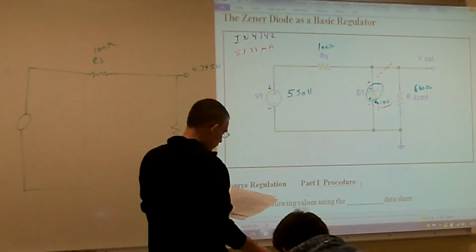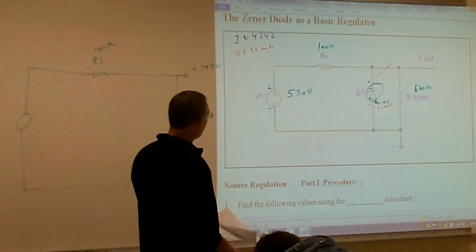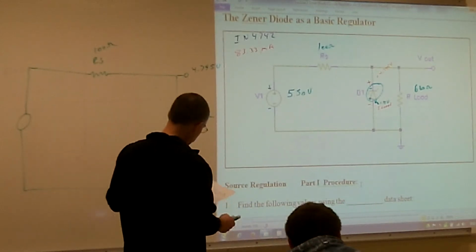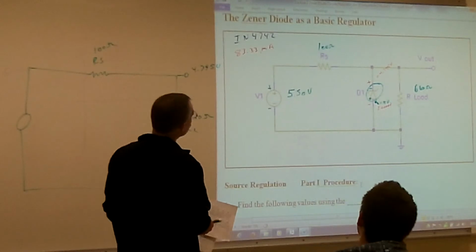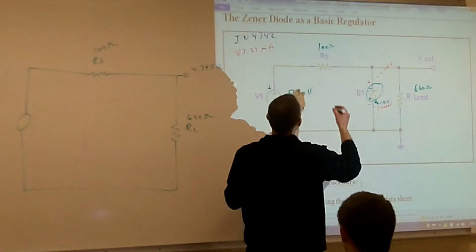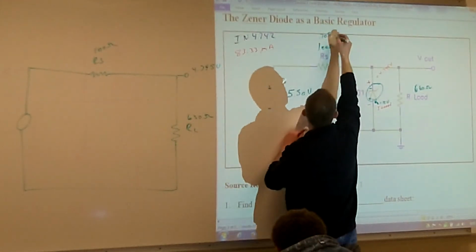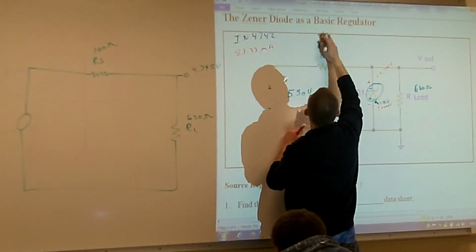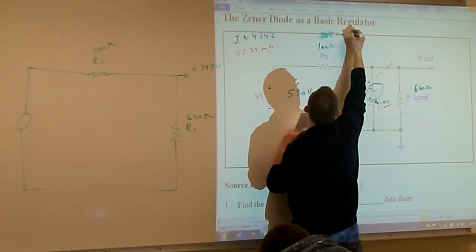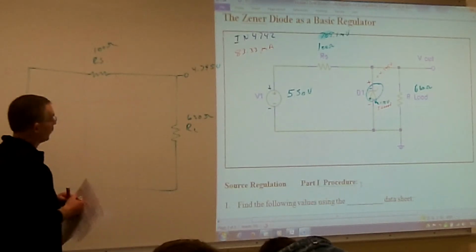Okay? So now what's my voltage across RS then? 705.1 millivolts is what's going across RS.